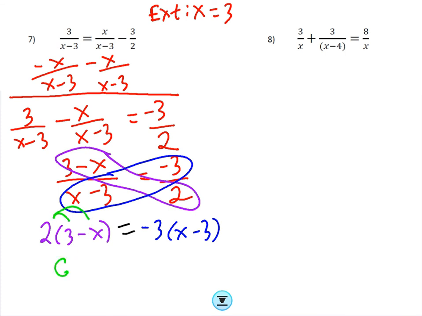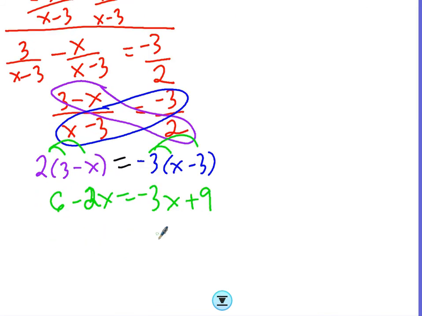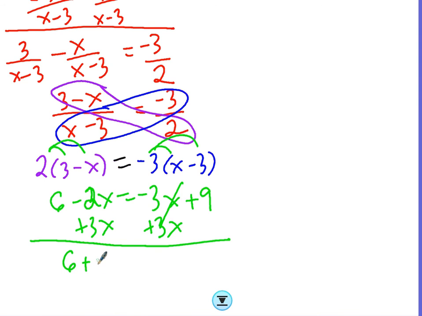Distribute: 6 minus 2x equals, distribute here, negative 3x plus 9. We will add 3x to each side here. Those cancel. So 6 plus negative 2x plus 3x is 1x equals 9.